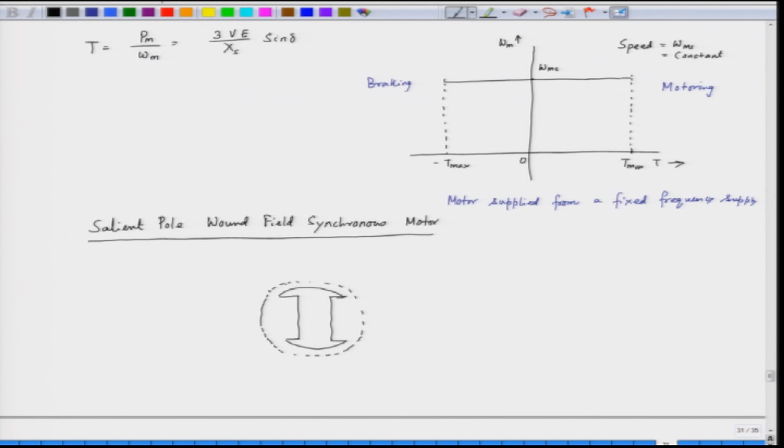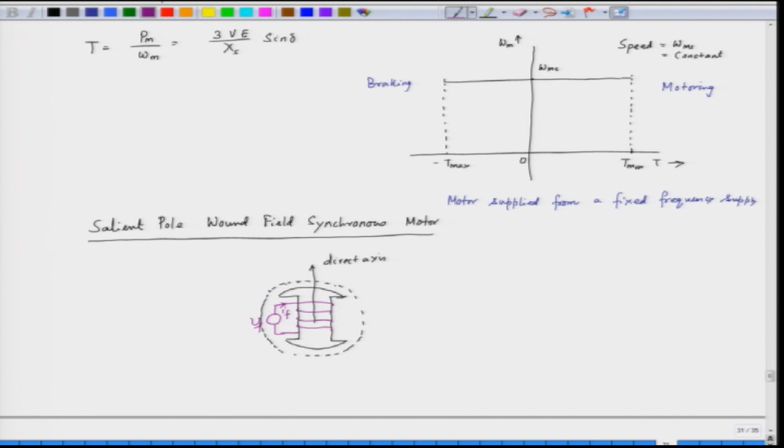This is called the direct axis. And the windings are placed in the rotor like this, and we have the DC voltage Vf which is applied through a slip ring, and the current which flows in the field winding is If.